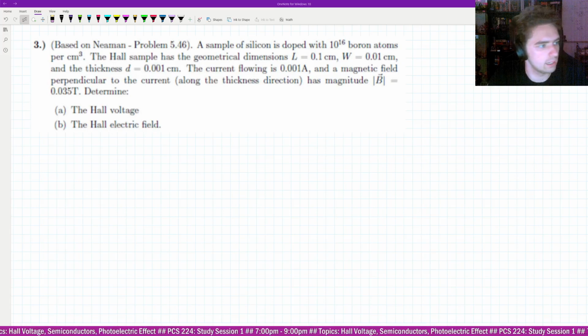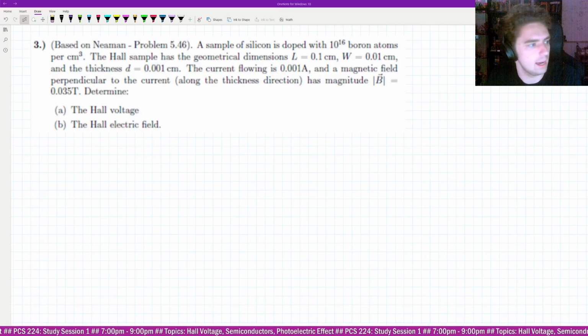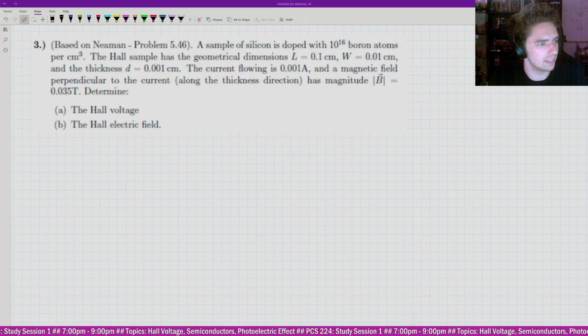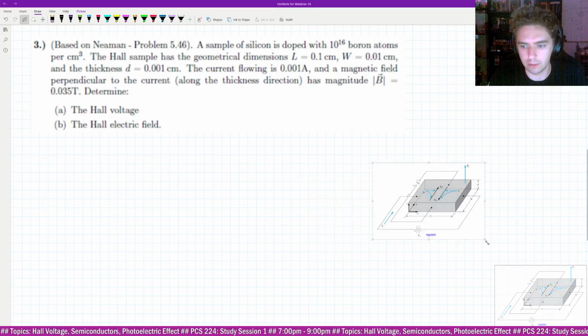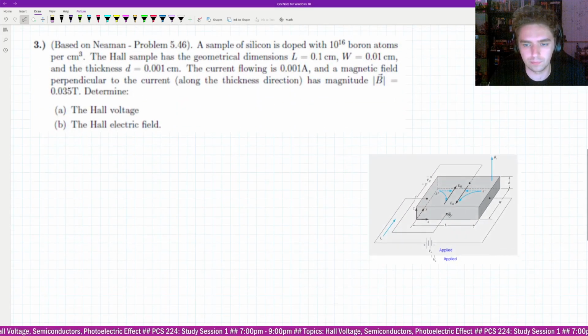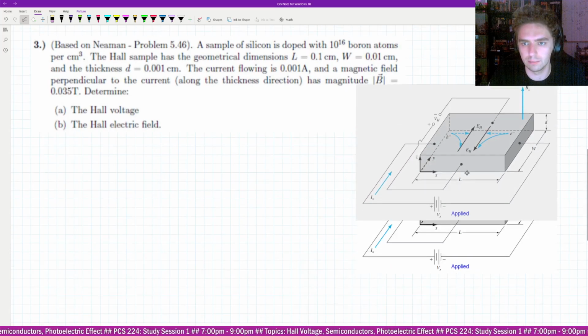And Hall effect, and there we go. My PDF of the textbook has a whole bunch of highlighted stuff in it. Okay, that's the geometry that they are talking about. I'll just put that there.